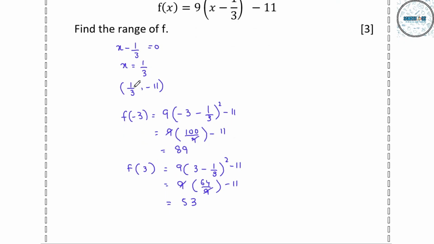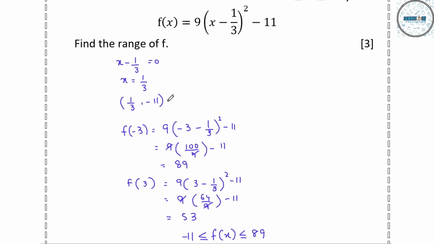At 1 upon 3, there is minus 11. At minus 3, it is 89. And at 3, it is 53. So the range would be f of x is greater than or equal to minus 11 and less than or equal to 89.